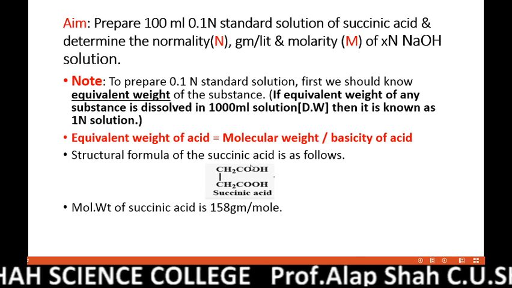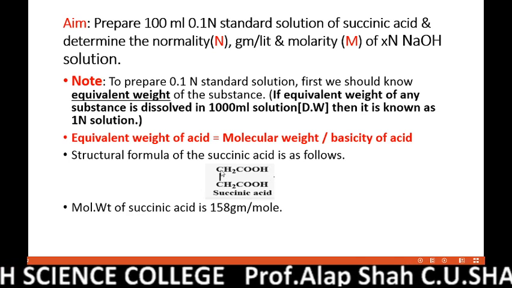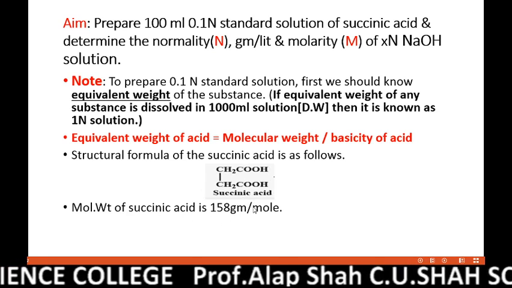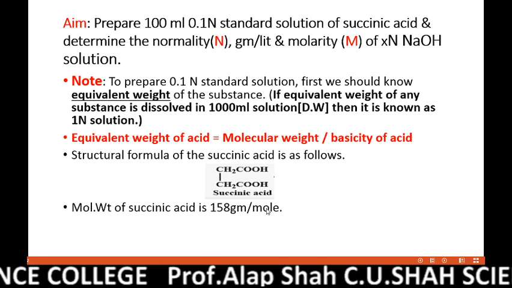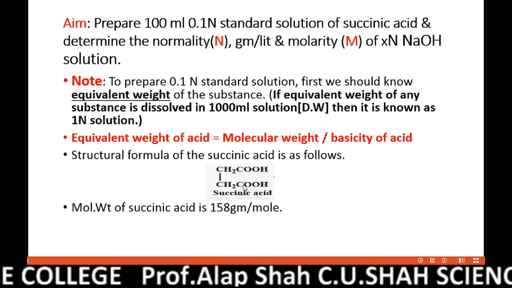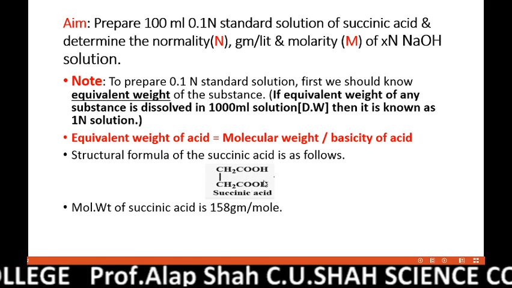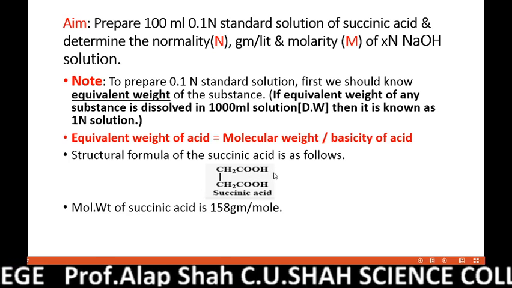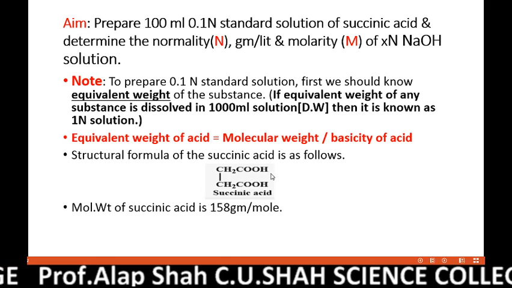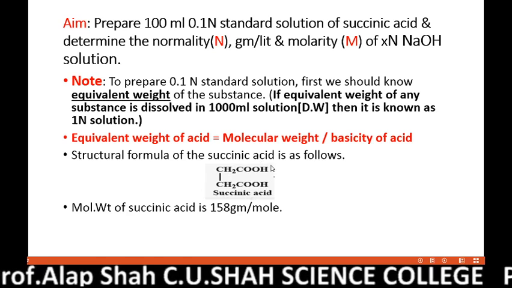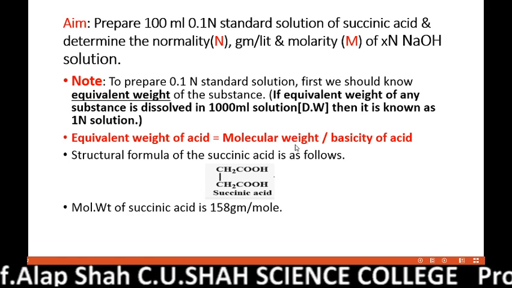This is the structural formula of succinic acid, right? Molecular weight is 158 gram per mole. Now you can see that it is a dibasic acid, as there are two COOH groups. An acid with only one COOH group, for example acetic acid, is called monobasic. Succinic acid is a dibasic acid. So molecular weight, this one is 158.